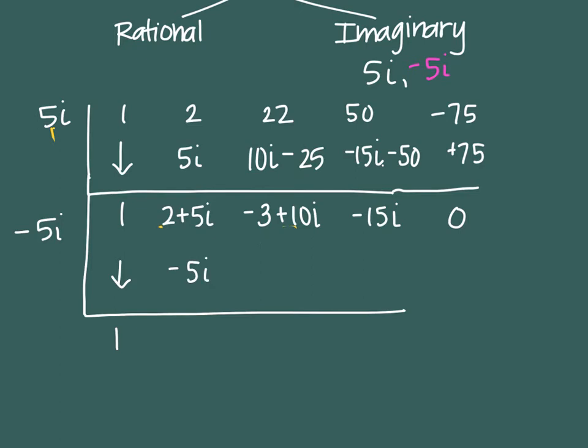See, the second one is always easier because what happens right away cancels out the 5i and we're left with 2. Then we multiply that and get negative 10i, and it cancels out right away and I'm left with negative 3. Then we do it one more time and we get positive 15i, not i squared, just i, but it perfectly cancels out with the one above and I got 0 again.